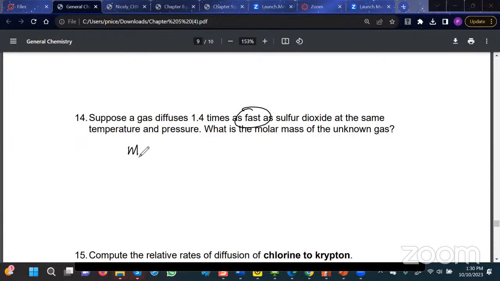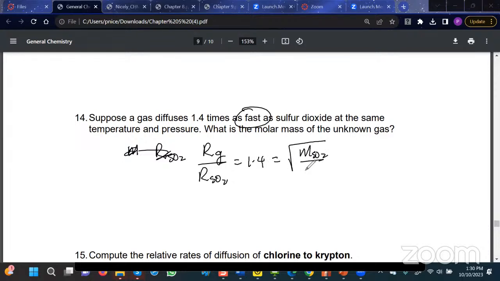So the way I would set this up is that the rate of effusion of the unknown gas divided by the rate of effusion of SO2 is equal to 1.4. Right? And that would be equal to the square root of the molar mass of SO2 divided by the molar mass of the unknown gas. So what would be your next step?